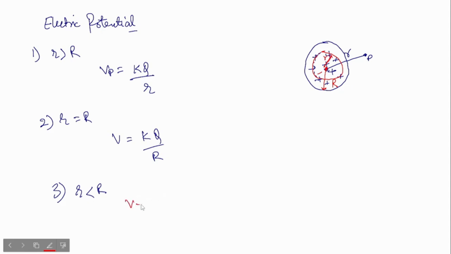It will be V minus V infinity equals minus the integral of E dot dr. Now we'll break it into parts: first from infinity to the surface, and then from the surface to the required point. So V infinity will be 0, so V will be minus.